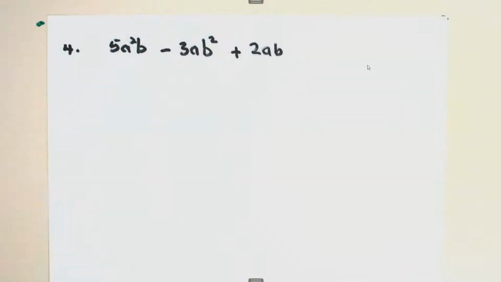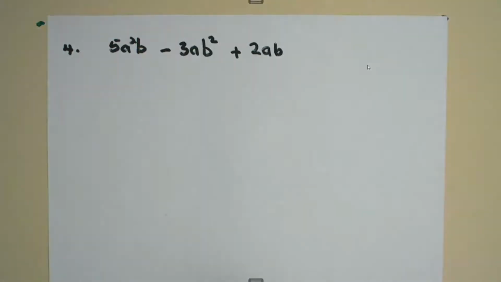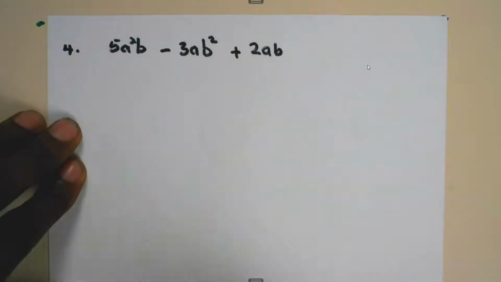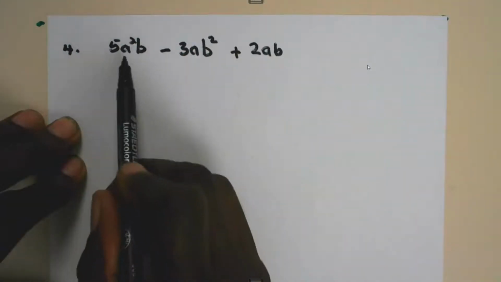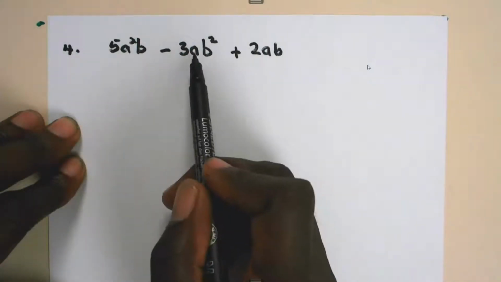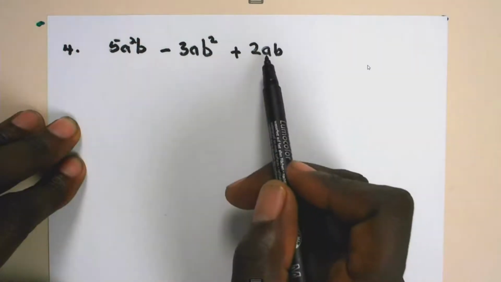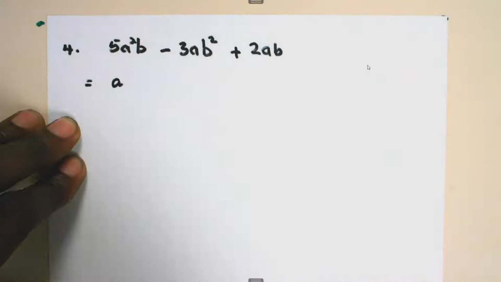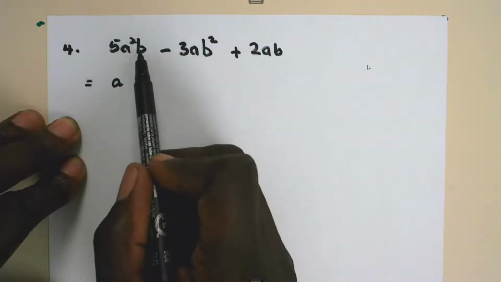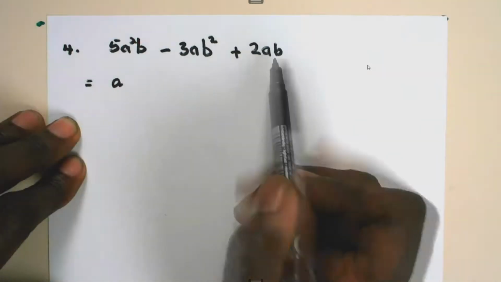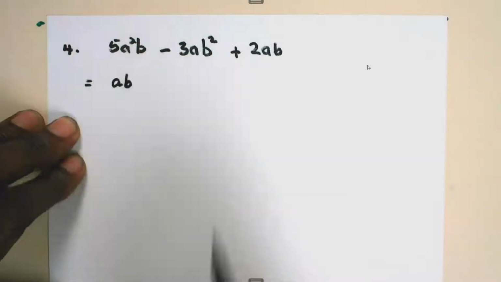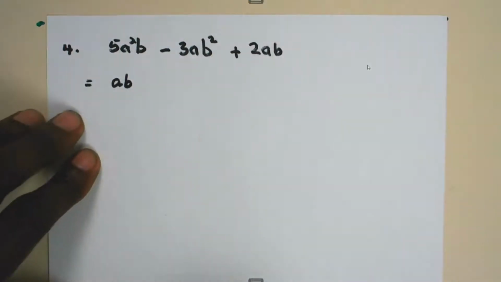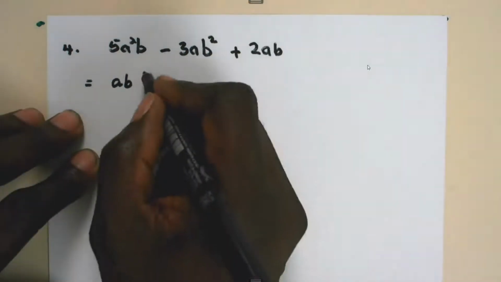There are several ways that you can use to factorize it. Now let us see. A is there for term 1, A is there for term 2, A is there for term 3. Therefore, the first common factor is A. Then you look at B. We have B here, B there, and B there. So in other words, AB is our common factor.